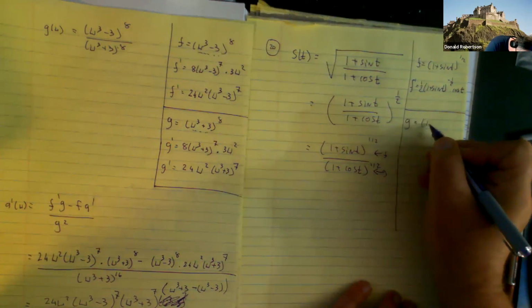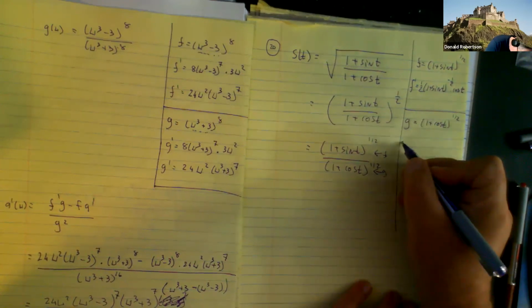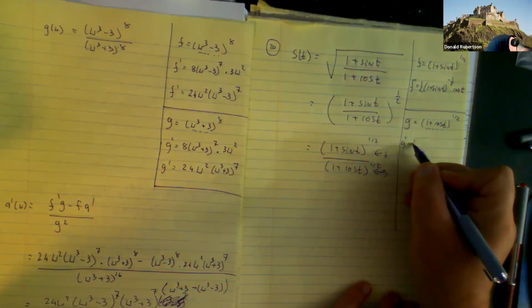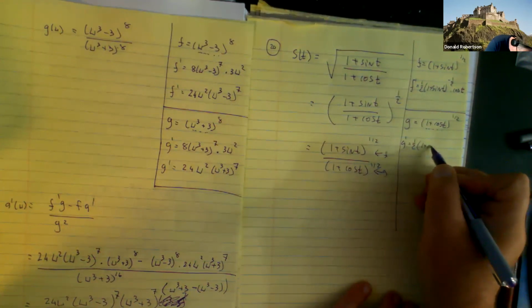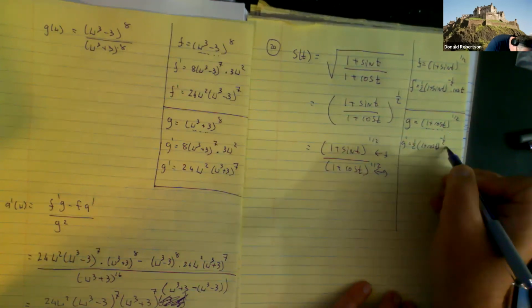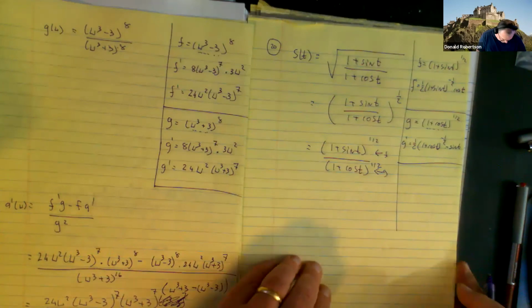G is 1 plus cosine t to the half. The inside function for this one is this one, so it's going to be 1/2 times 1 plus cosine t to the negative a half, and the derivative of that is negative sine t, and I'll leave that alone.